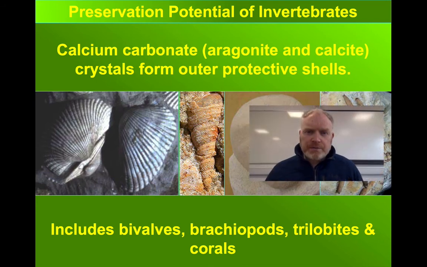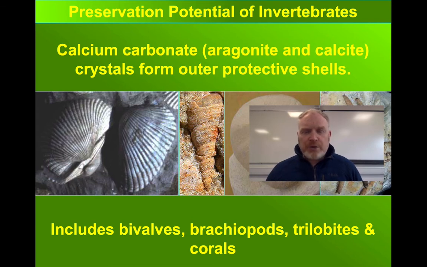But the most common preservation we see for invertebrates is in the shells. Shelled organisms, small invertebrates with these hard shells, are most likely to preserve. And they're the most frequent fossils that we look at in our course. Usually a calcium carbonate, either calcite or a slightly different form of calcite called aragonite, forms this hard outer shell that stands a reasonably good chance of being preserved.